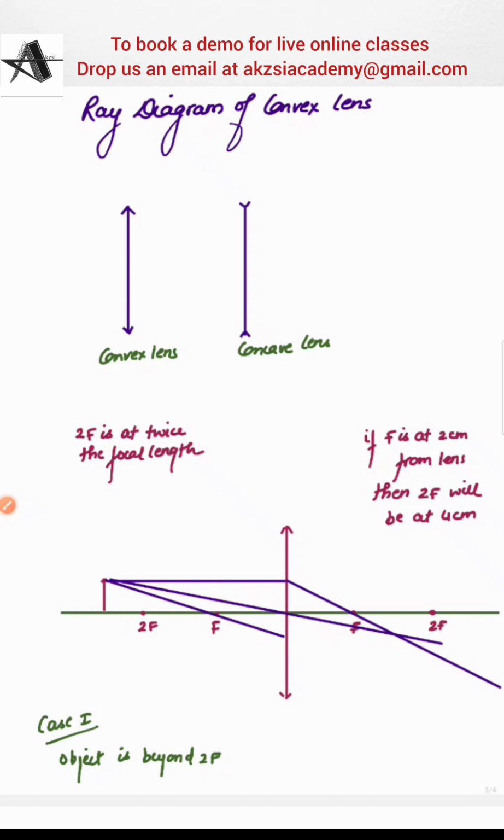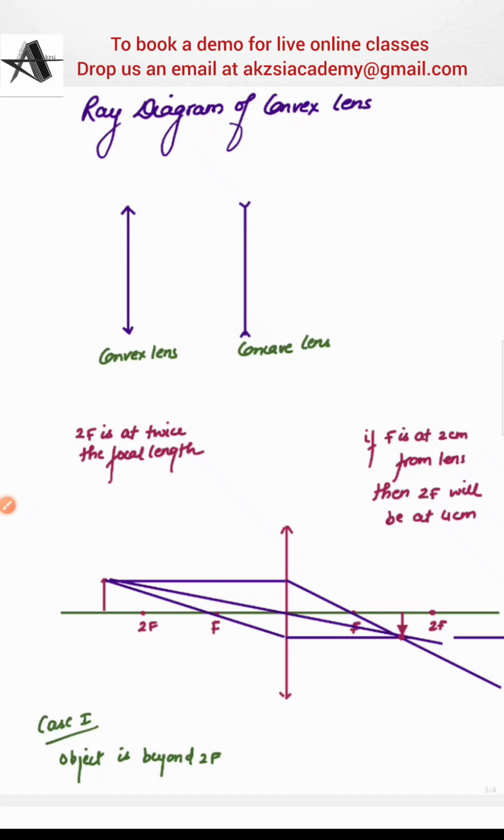This ray first passes through the principal focus, and when it reaches the lens, it becomes parallel, like this. Wherever all three meet, you will get the answer. From this point we draw down to the principal axis. This will be your image.